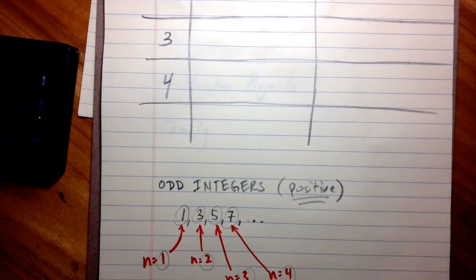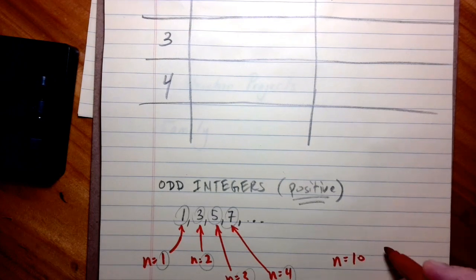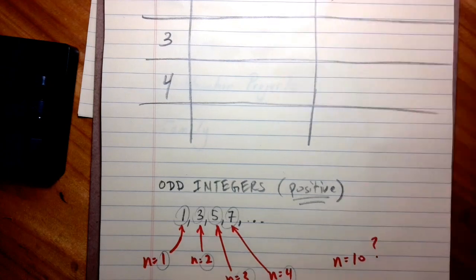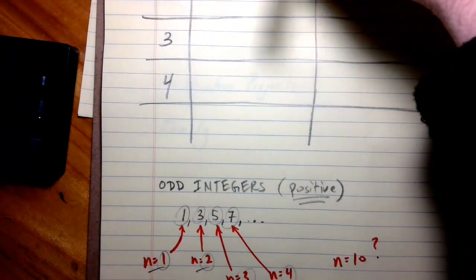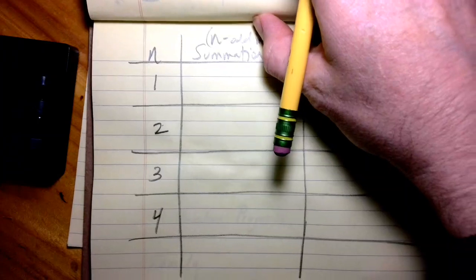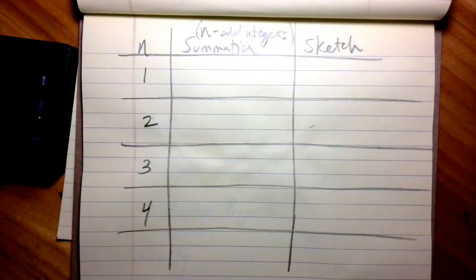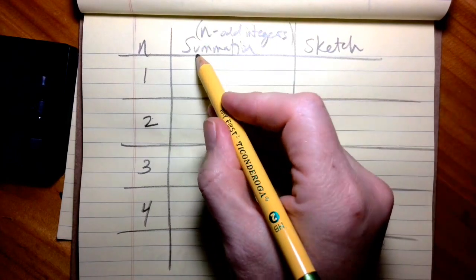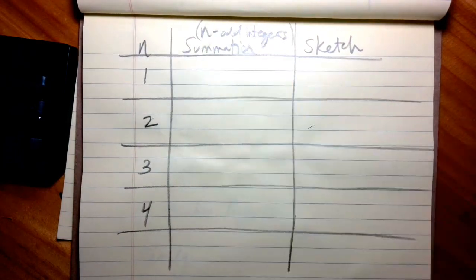And so then you could think about, well then, I wonder what the 10th odd integer is. Those are some other questions that we could perhaps investigate later, but I just want to think about this notation. So now I've got a table of values that I want to look at and represent not just the odd integers, but what we'll call the summation.